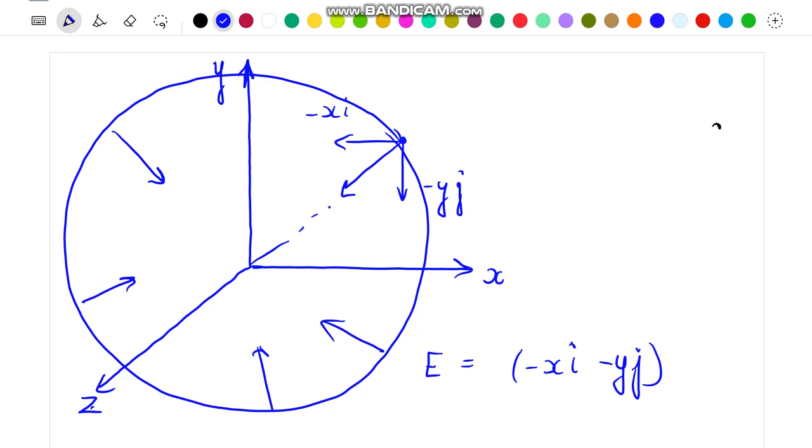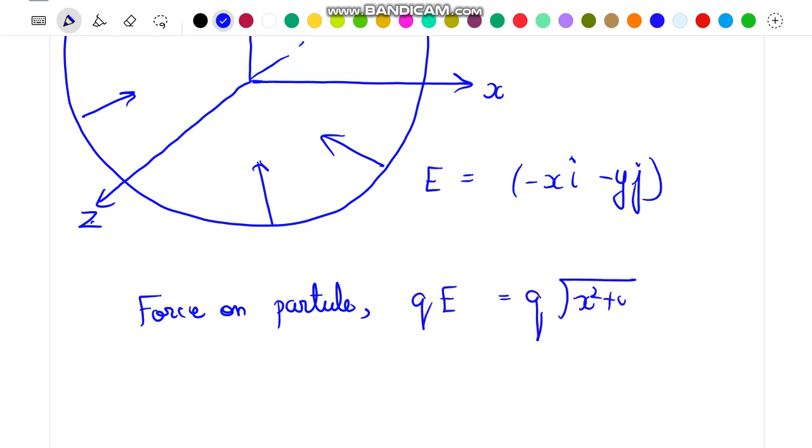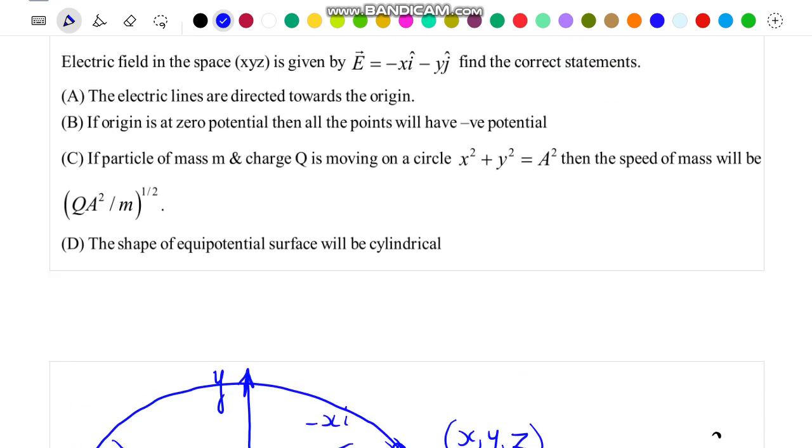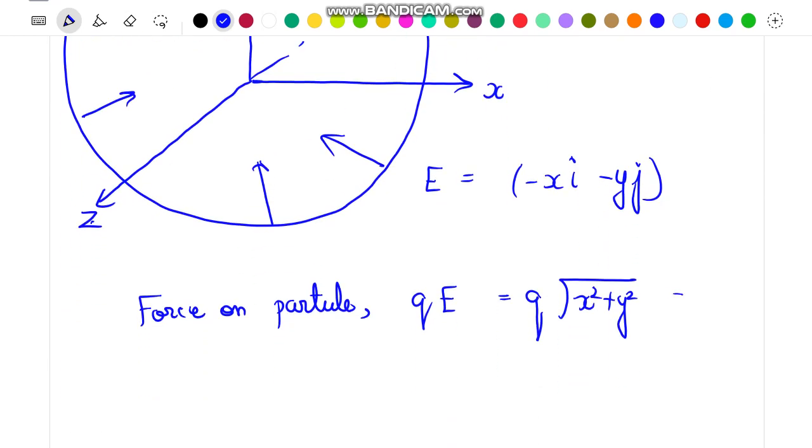Further, for a particle having coordinates x, y, z, the force acting on the particle will be equal to qE, which will be equal to q times root of x square plus y square. Now for a particle moving in a circle x square plus y square equals a square, this force will be equal to qa, and this force will provide the necessary centripetal force, that is mv square by a.